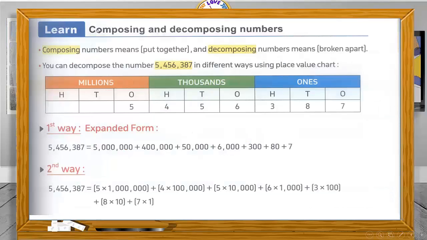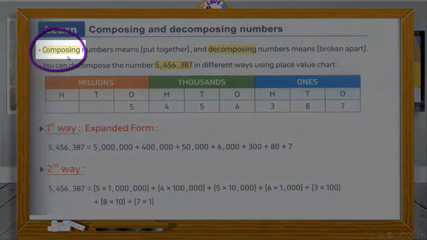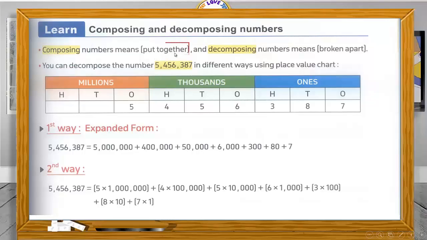Next point in this lesson, composing and decomposing numbers. What is the meaning of composing? Composing means put together, put digits together. Decomposing means broken apart, as you see now. You can decompose the number 5,456,387 in different ways using a place value chart.